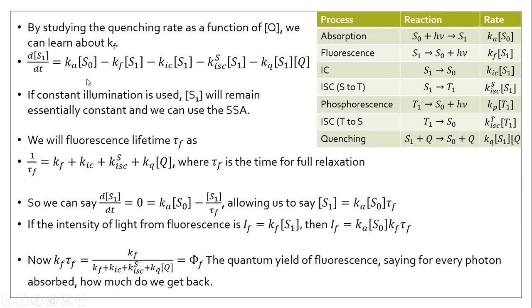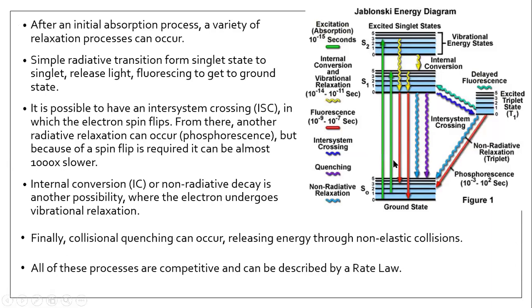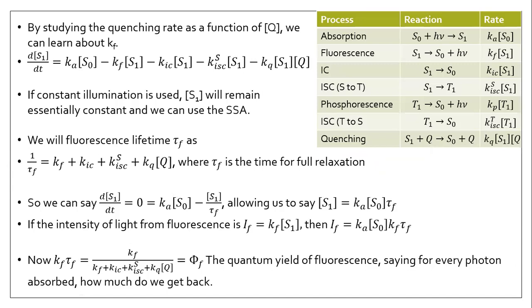So all the things S1 can do: it can absorb to form S1 from S0, it can fluoresce back down, it can intersystem cross, and it can IC back down, internal conversion, a non-radiative decay.